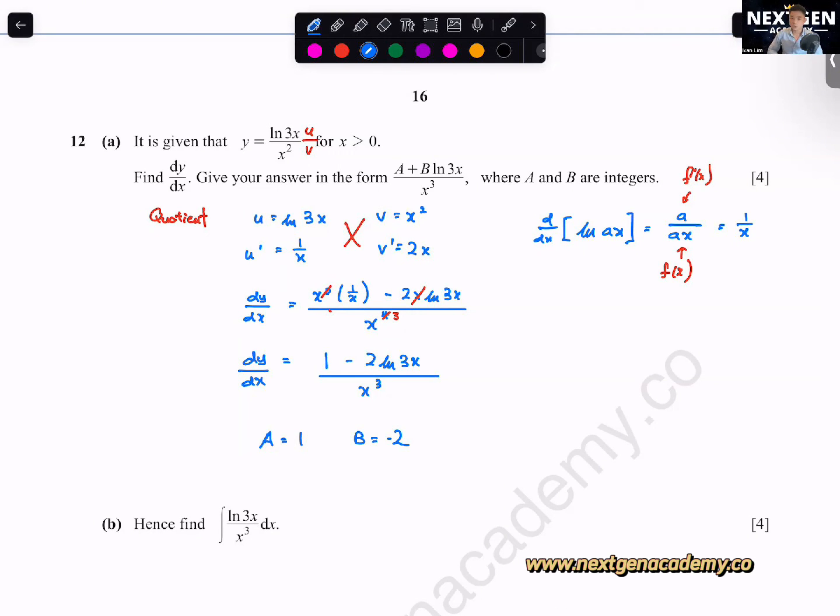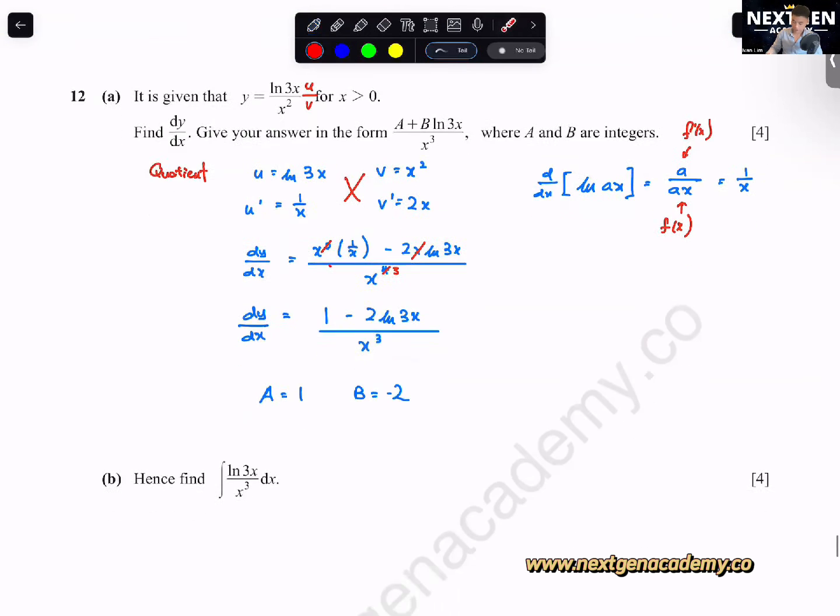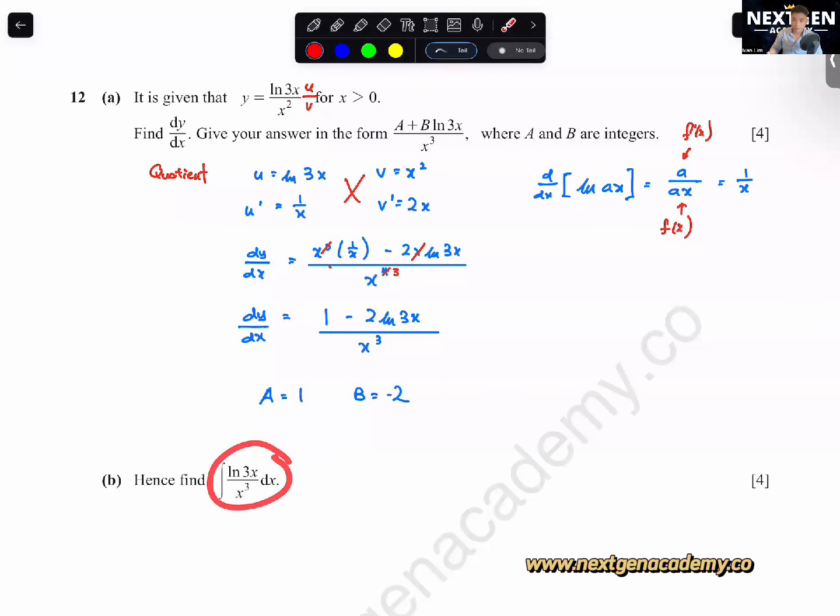What method are we going to use for this specific question? You look at the form and you see the word hence. Hence normally means you need to look at the previous question. This looks like a quotient rule form.